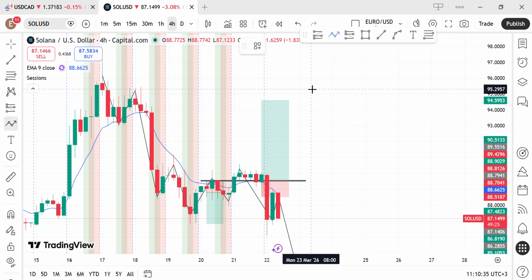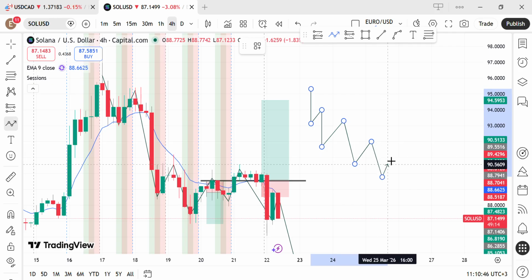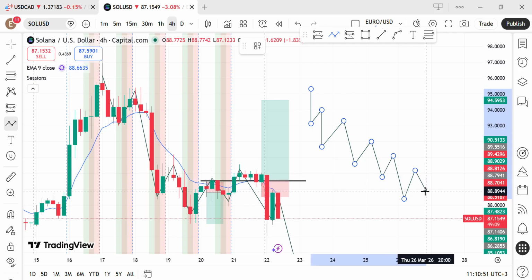Usually, in a downtrend like this, for price to change from bearish to bullish, it has to make a higher low. This point here could be here, could be here, could be here, or even equal low. It has to make a higher low, this low being higher than this one.